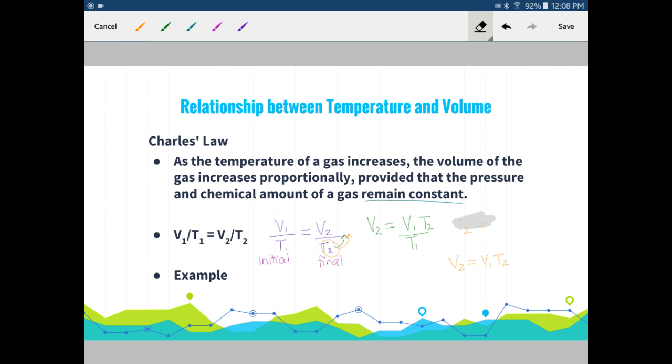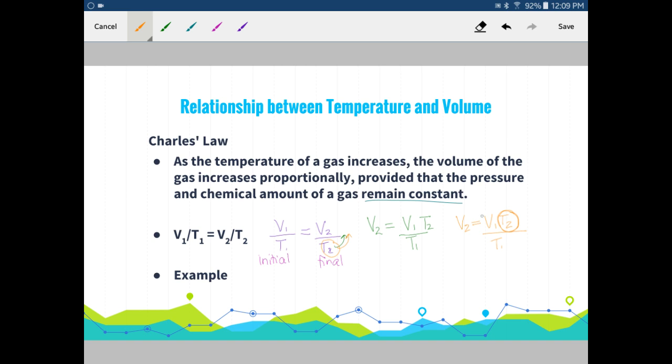Let me just squish this in here. I just don't like the way this is looking here. So again, we would have the same initial step where we have V1 times T2 over T1. But since I'm solving for T2, now that I see that T2 is on the top of my fraction, I then need to get rid of V1 and T1.